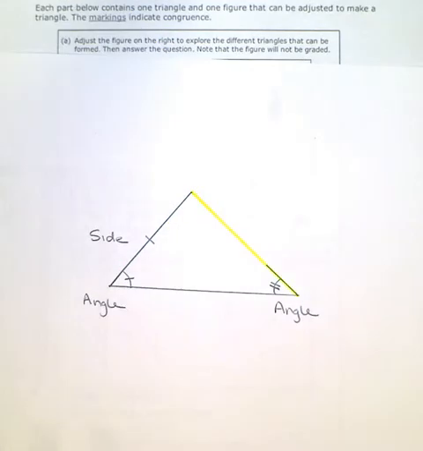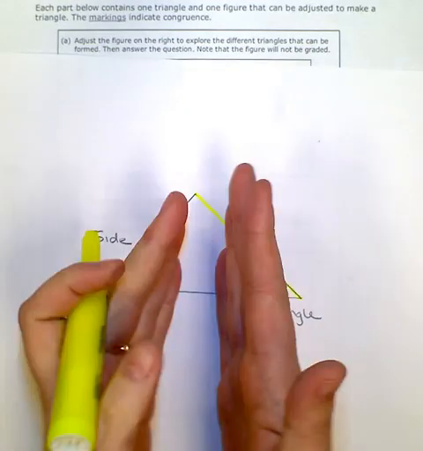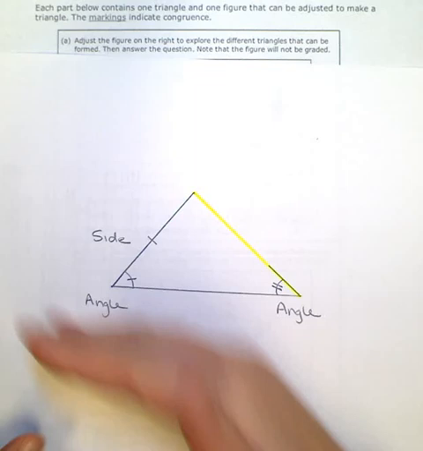It has to finish out that way. Even if you could move these two angles together, the only way that you'll ever be able to complete the triangle is if it looks exactly like that one.